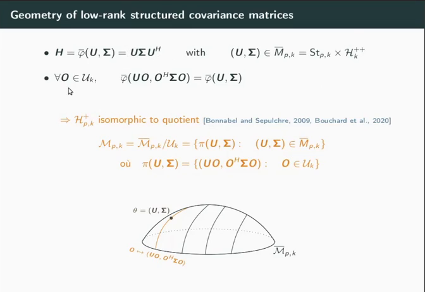So for any unitary matrix O, we have the equality between the decomposition with U and sigma and the decomposition with UO and O^H sigma O. So what this means is that the set of positive semi-definite matrices of rank K is isomorphic to the quotient given by M here, where one point of the quotient is a whole equivalence class of the product manifold here.